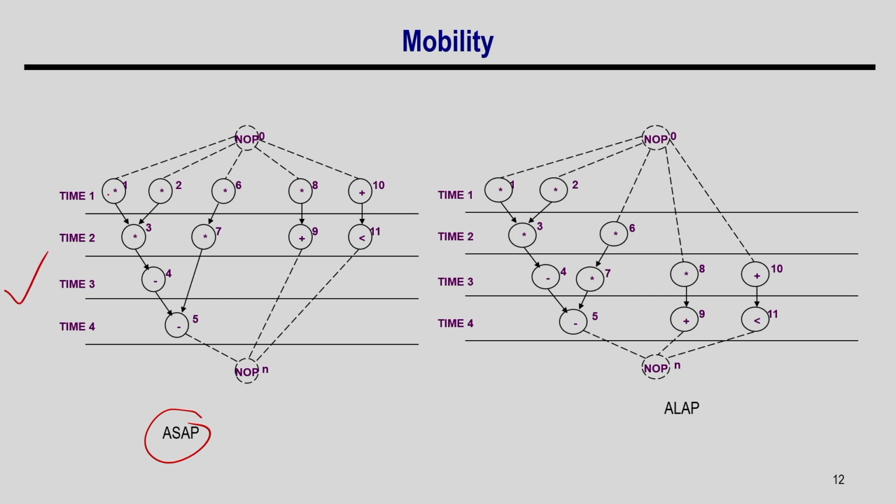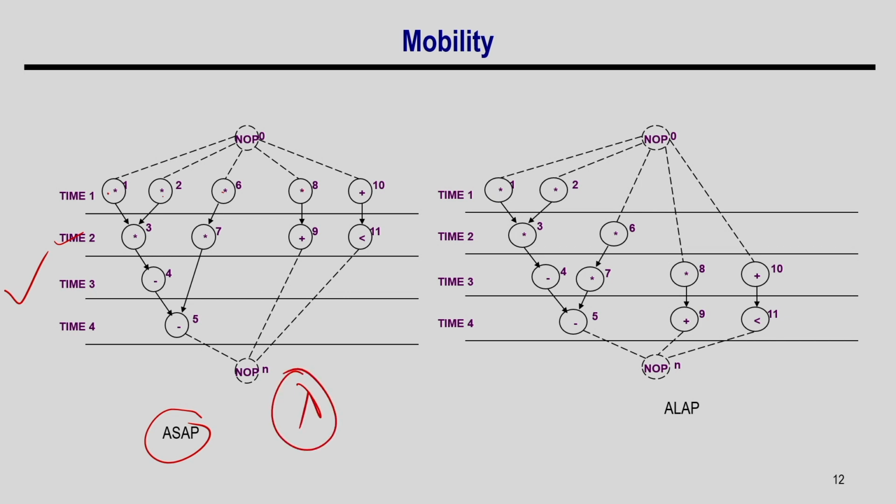For example, here these 5 operations will be scheduled in timestamp 1, because they depend only on the inputs, and I assume the inputs are available. I am assuming all the operations are single cycle, but you can always model this as multi-cycle operations as well. Once these operations are done, I schedule the next set of operations in timestamp 2, and so on. I already discussed this in the previous class. This gives you the minimum value of lambda.